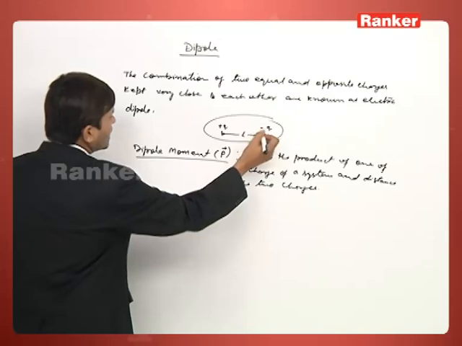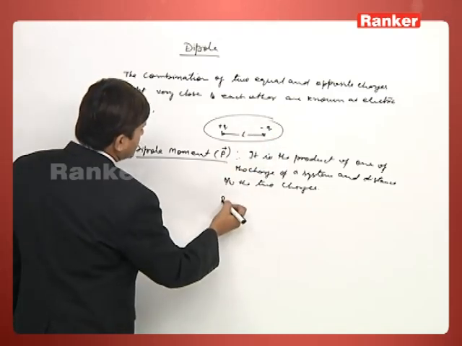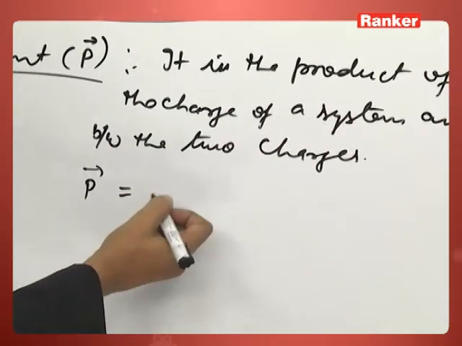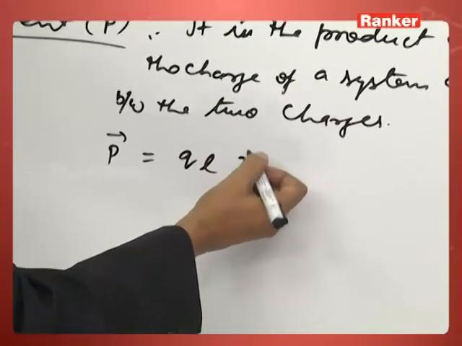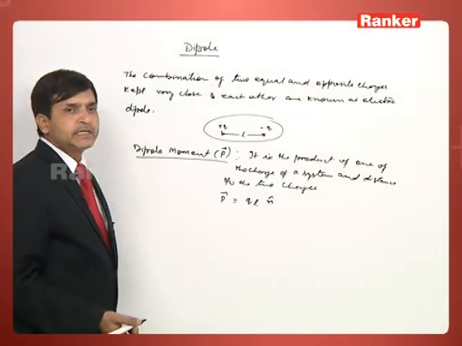It means if we look at the above diagram, the dipole moment P is defined as Q into L into n cap. N cap gives the direction.